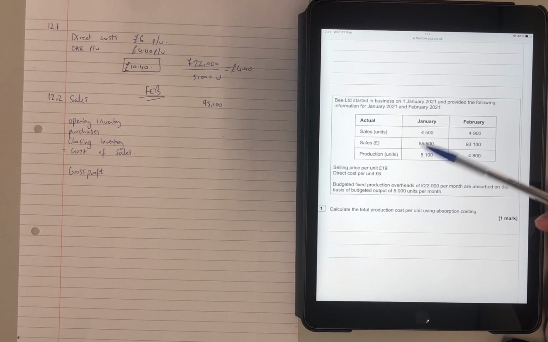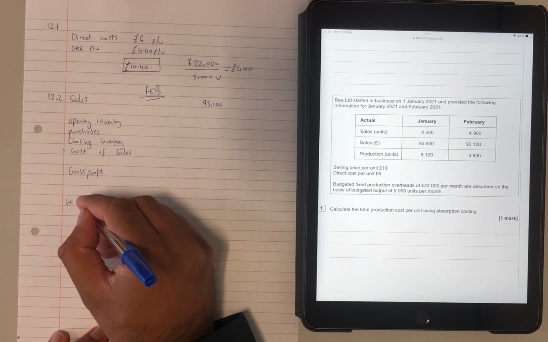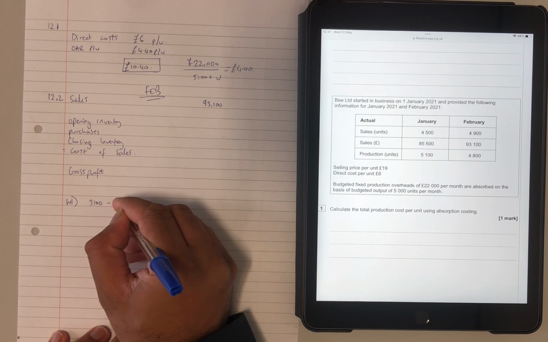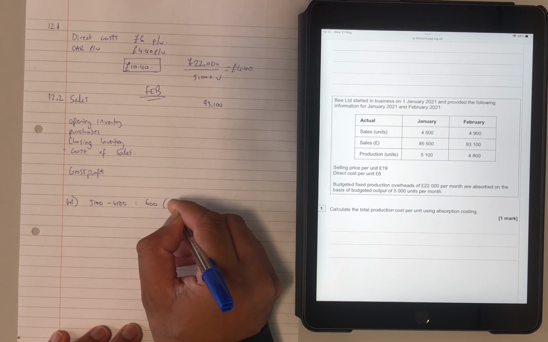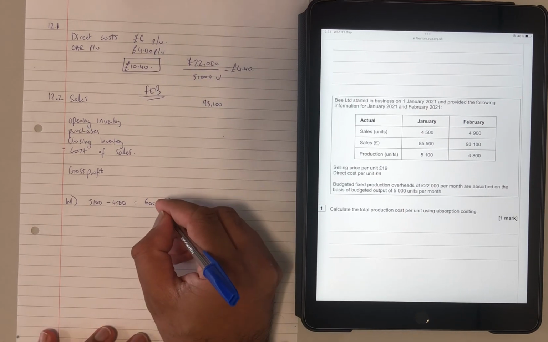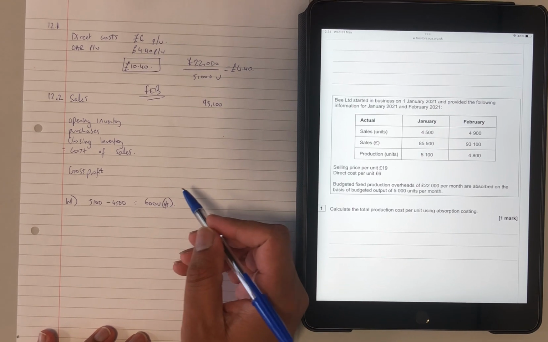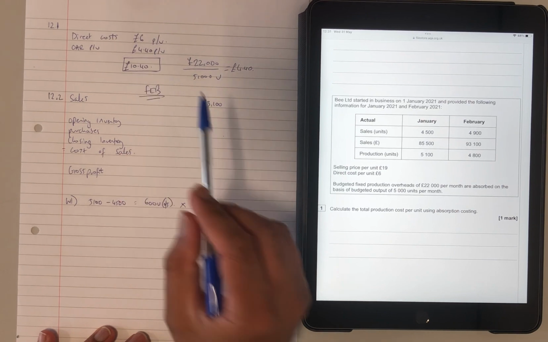How many left? 600. Okay, so we're going to have workings number 1, and that's going to be 5.1 minus 4.5 equals 600, and that's our opening stock. 600 units. Now, they obviously have a price attached to them. How much are they worth? Production cost for one, £10.40.